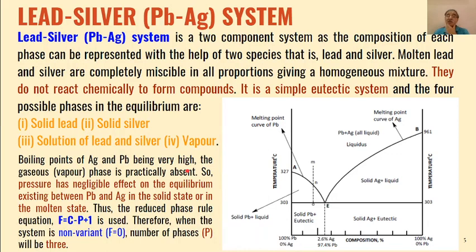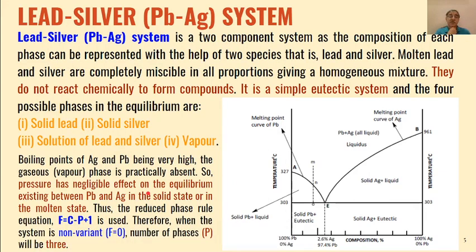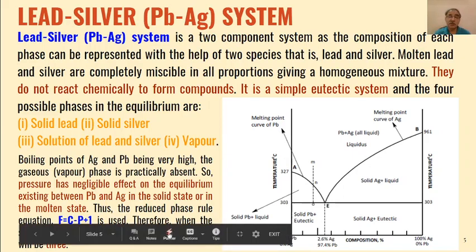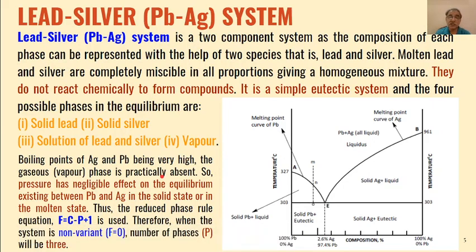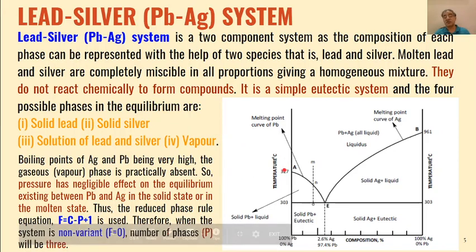That is why we will use only the reduced Gibbs phase equation, F is equal to C minus P plus 1, because pressure has negligible effect on the equilibrium in the solid state or the molten state. Here when F is equal to 0, the maximum number of phases which can be present is 3, not 4, because now we are using the reduced Gibbs phase equation.